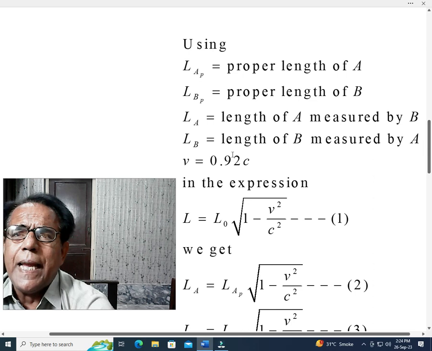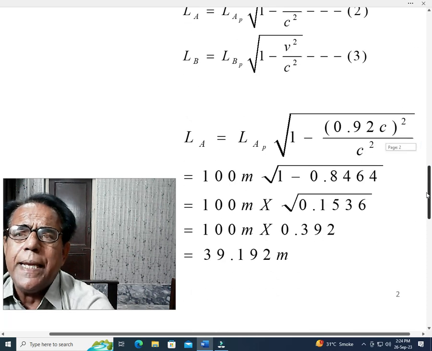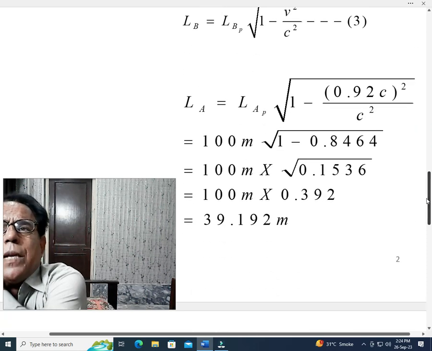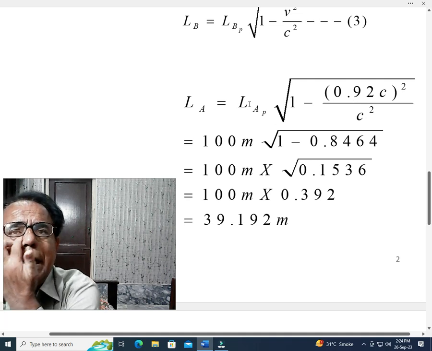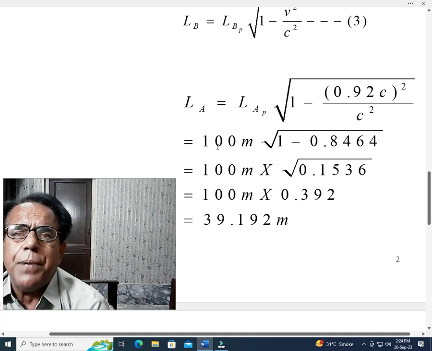What is L_A? L_A is the length of A measured by B. This factor we are going to determine. L_A is equal to L_AP into this root factor, and L_AP is according to the statement 100 meters.